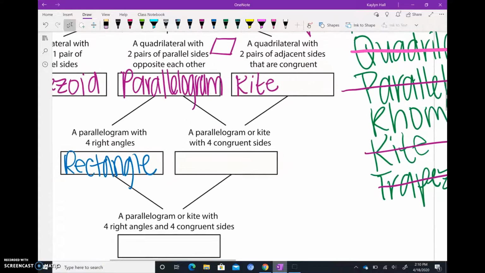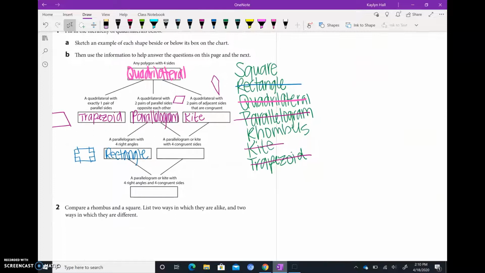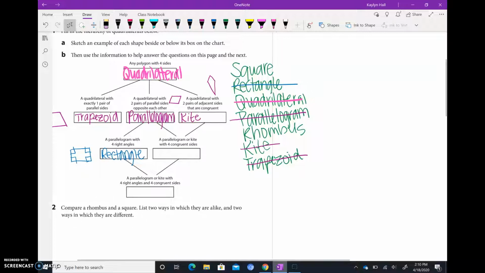This next box is connected to both parallelogram and kite. So it's a shape that is both a parallelogram and a kite. So the only two we have left are square and rhombus. So which one of these is both?